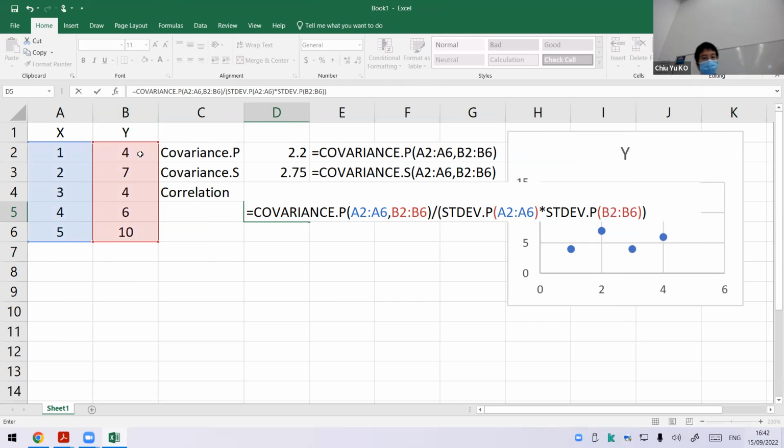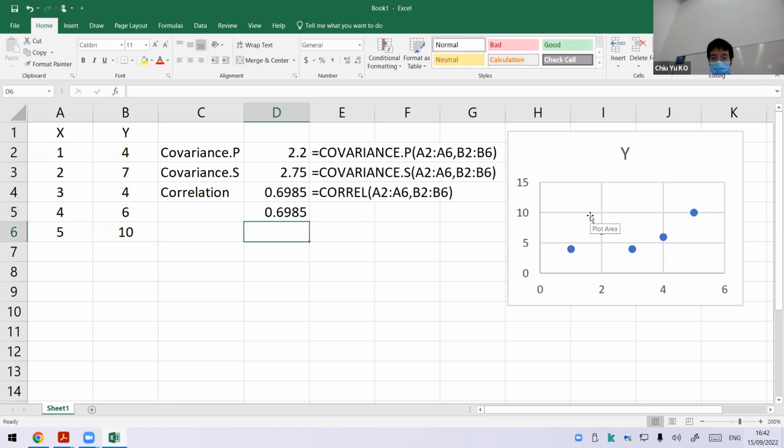So just to remind you what I'm doing here, I use the formula to calculate the correlation coefficient, where the numerator is covariance and the denominator is the product of the standard deviations of the two inputs, right? So you can see here, if I have population, I do population here. That is the same formula as you can see.